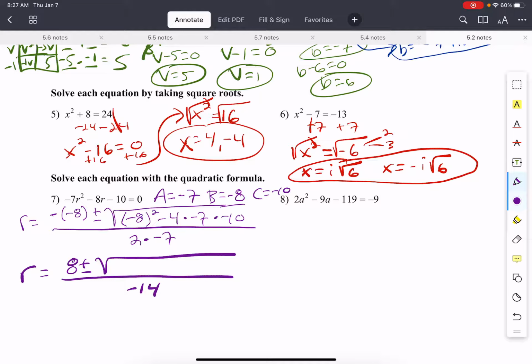Negative 216. Okay, negative 216 is what is under here. Now the next thing is to simplify the radicals. So first thing I would do is take out that negative because we know that means there's going to be an i, right?